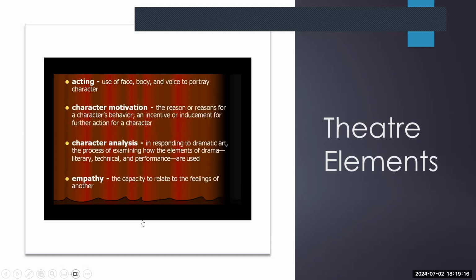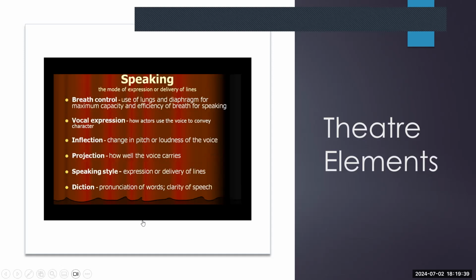Performance elements include acting, the use of face, body, and voice to portray character. Character motivation, the reason or reasons for a character's behavior, an incentive or inducement for further action for a character. Character analysis, in responding to dramatic art, the process of examining how the elements of drama, literary, technical, and performance are used. Empathy, the capacity to relate to the feelings of another. Speaking, the mode of expression or delivery of lines.